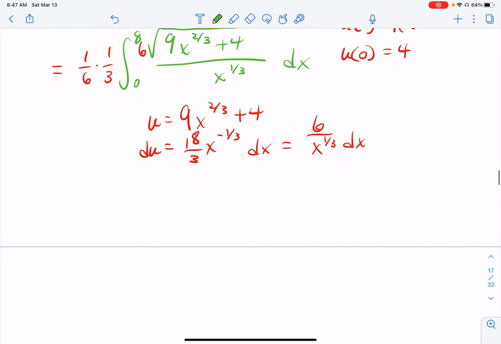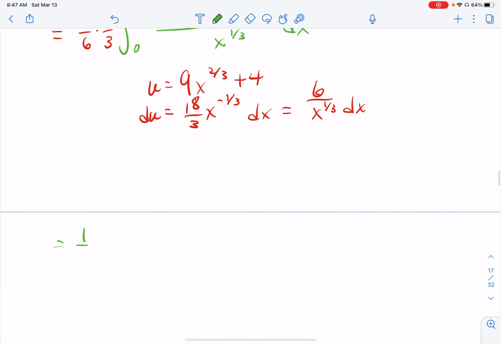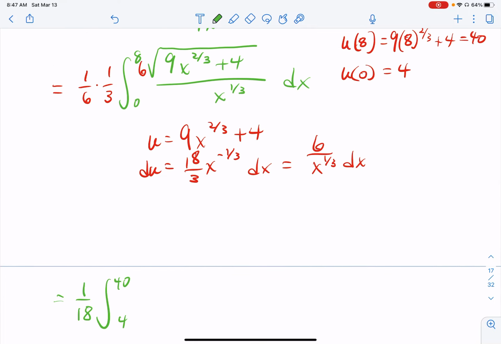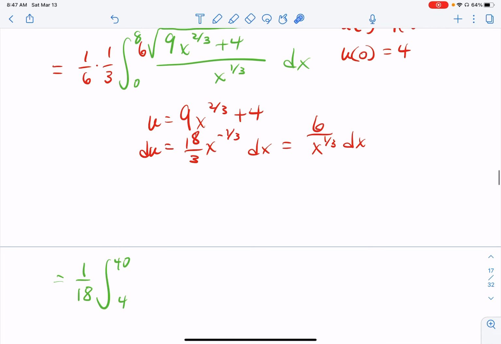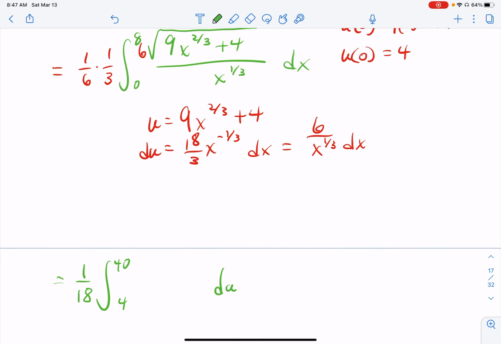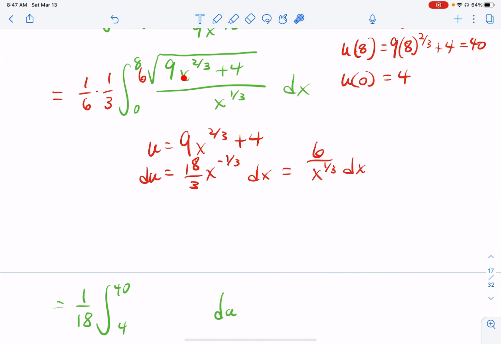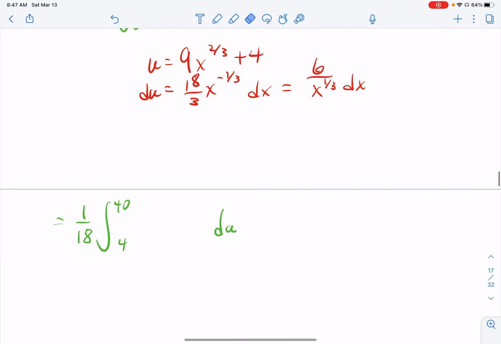Combining those fractions up front, I've got 1/18 times the definite integral from 4 to 40, where the 6, the x to the negative 1/3, and the dx all become our du. The square root of 9x to the 2/3 plus 4 is just the square root of u, or u to the 1/2 power.